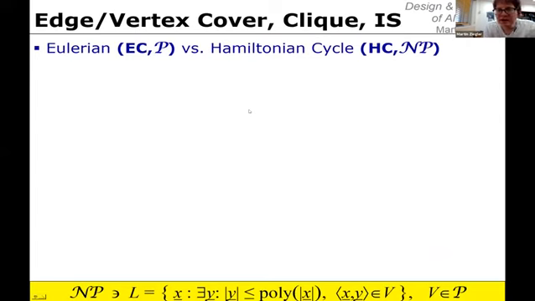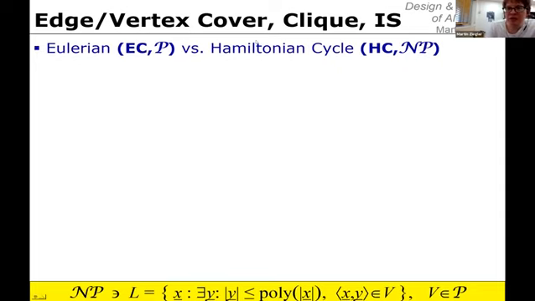We've seen several decision problems about graphs. We've talked about the Eulerian cycle problem and the Hamiltonian cycle problem, which superficially seem very similar, but for the Eulerian cycle problem, we were able to find a polynomial time algorithm.